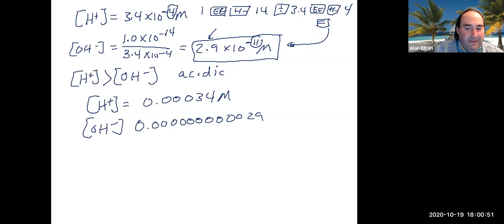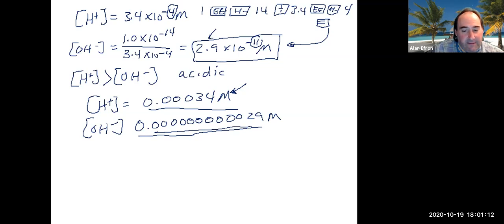Something like this, I think. 2, 3, 4, 5, 6, 7, 8, 9, 10, 11. So you can see again, when you have a negative exponent, the smaller number is actually the larger number in terms of magnitude. So this guy is much larger, because the one with a minus 11 means you need to put 11, or 10 zeros, in front of it. Any questions on that calculation there?